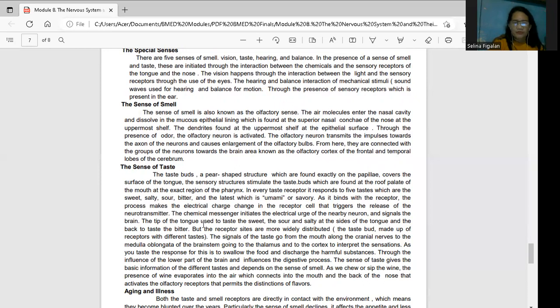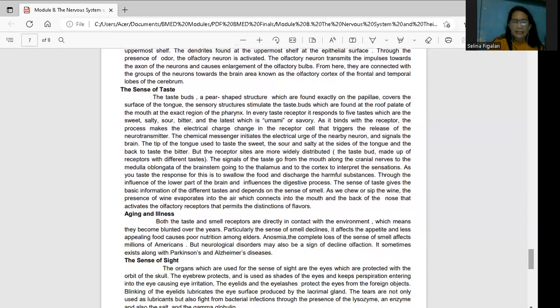Okay? The tip of the tongue is used to taste the sweet, the sour, and the salty at the sides of the tongue, and then sa back yung bitter. So, yun yung apat na taste ng ating sense of taste. Okay? The aging of illness, habang tumatanda, nagbabago na rin yung panglasa.